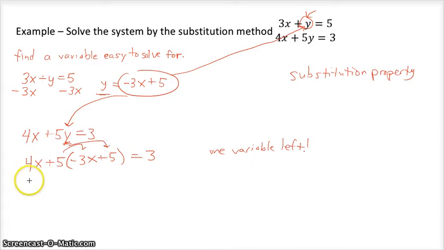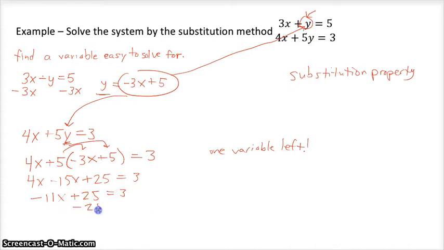So I have 4x minus 15x plus 25 equals 3. Minus 11x plus 25 equals 3.